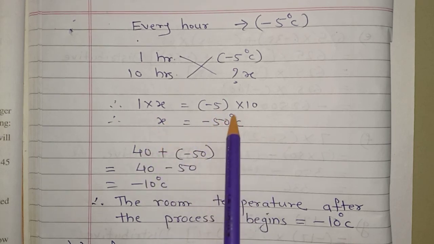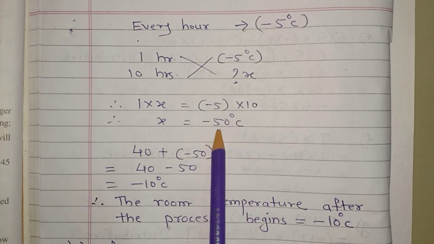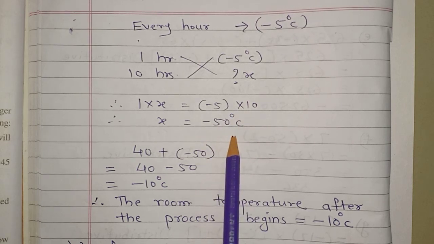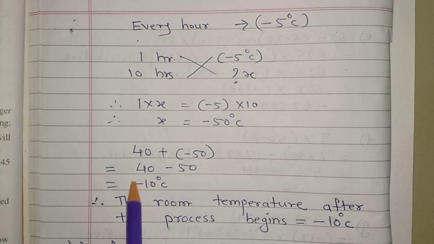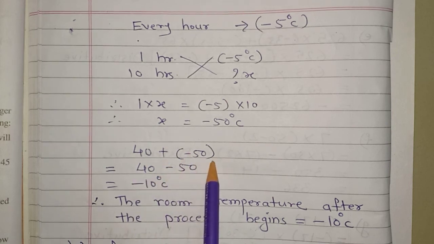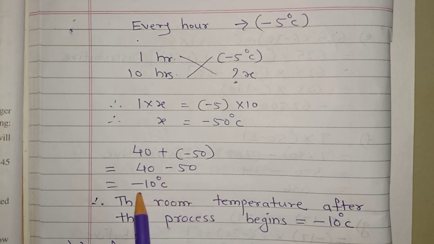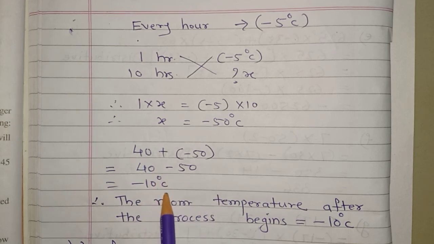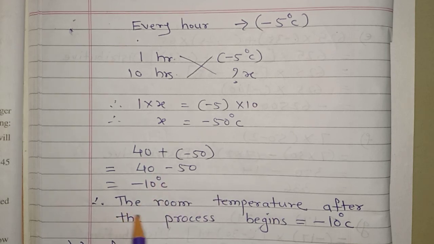And minus 5 into 10 gives me minus 50 degrees centigrade. Now the temperature already given is 40 plus minus 50. So after solving this, it is minus 10 degrees centigrade. Therefore the room temperature after the process begins is equal to minus 10 degrees centigrade.